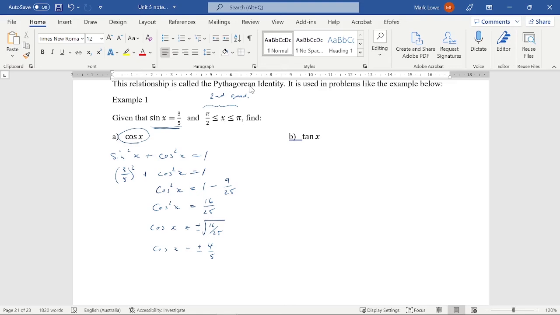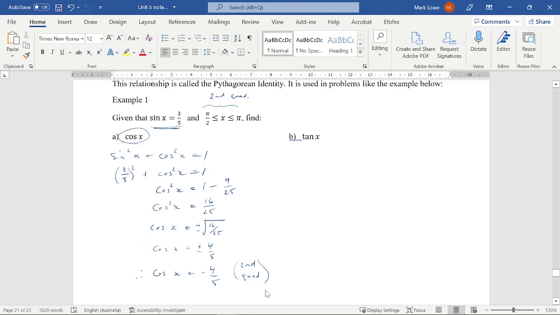If it's in the second quadrant, we know that cos must be negative. So cos x is equal to negative 4/5, because we know angle x is in the second quadrant. Sine x being positive 3/5 works in the second quadrant because sine is positive in the first and the second quadrant.